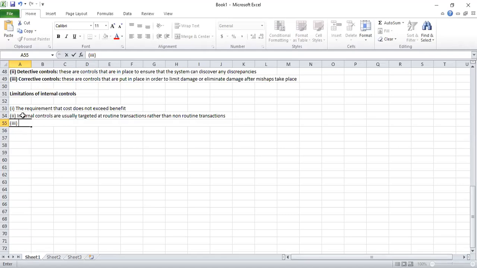Right. There can also be the possibility of human error. Although the controls are there, there can still be a misunderstanding by those who are required to implement the controls.